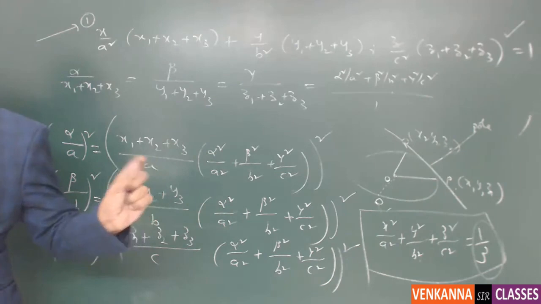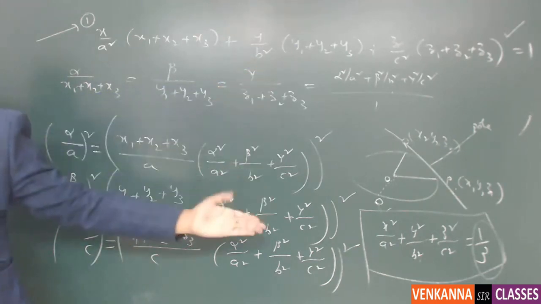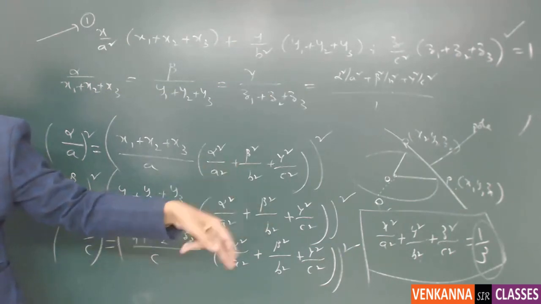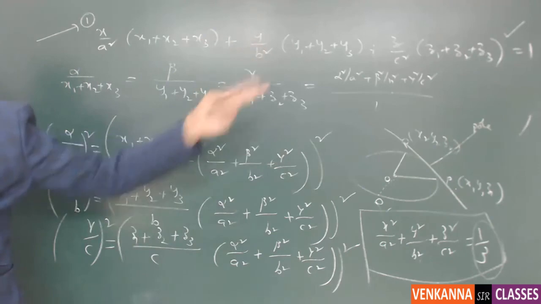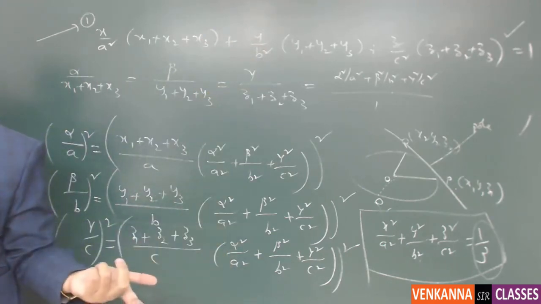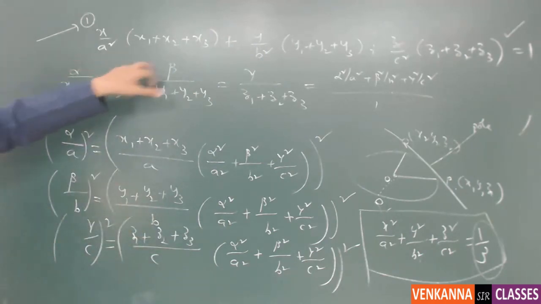In a nutshell, what we did: I have written the plane equation PQR. I have written the tangent plane equation based on the distance. I compared the two plane equations, coefficient of x by a square, y by b square, z by c square. From that, I have got the relation for the alpha value, beta value, gamma value.